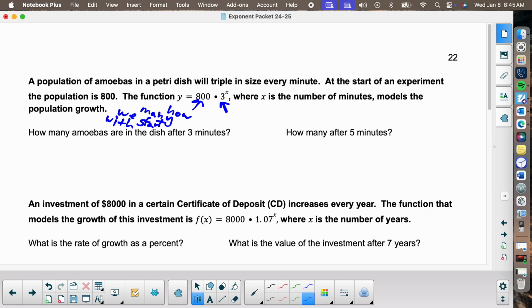The 3 represents triple. How many times you triple? The X is number of minutes, because it told us it stands for number of minutes.